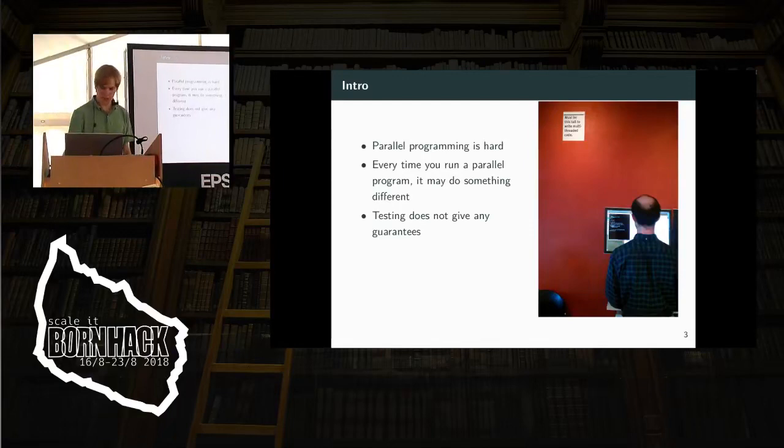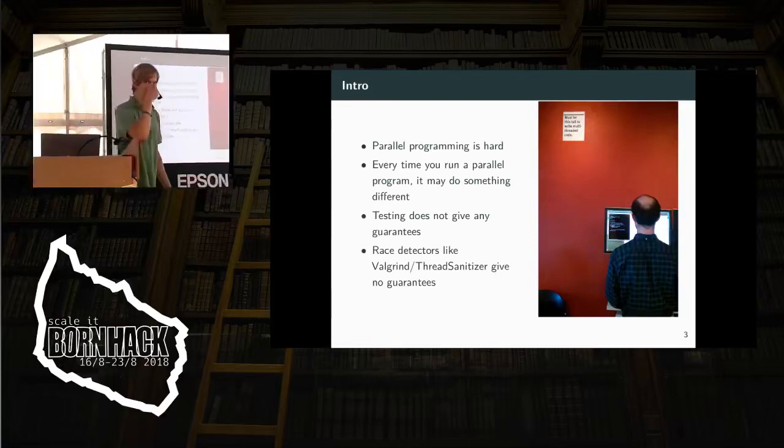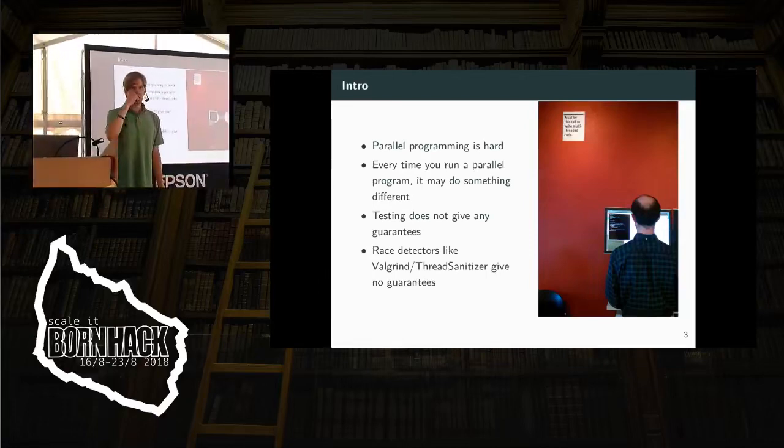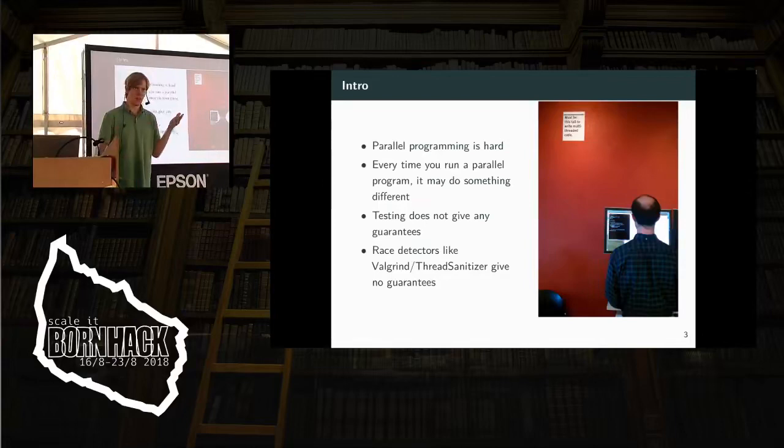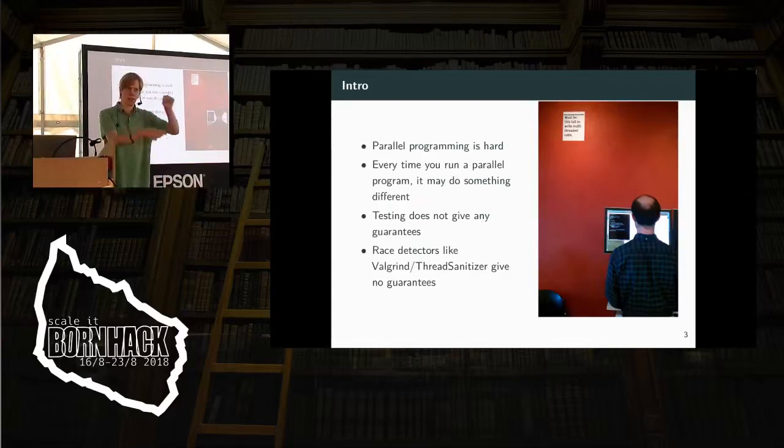You might be aware of race detection tools like Valgrind and Thread Sanitizer, right? Those of you who have done threaded programming probably have at least heard of these. So these tools instrument your program beforehand, and they will create warnings during runtime if your program does things that match some heuristics they have for bad behavior, for some definition of bad.